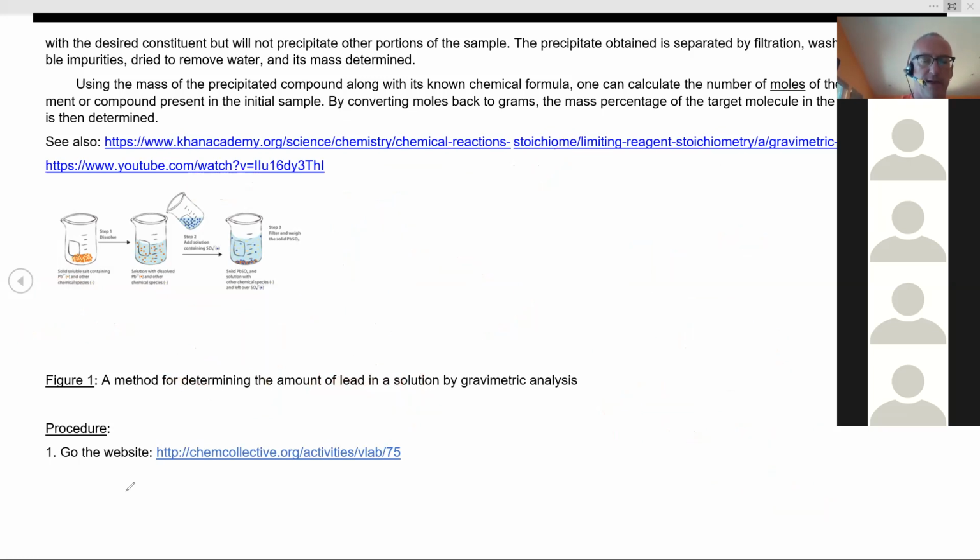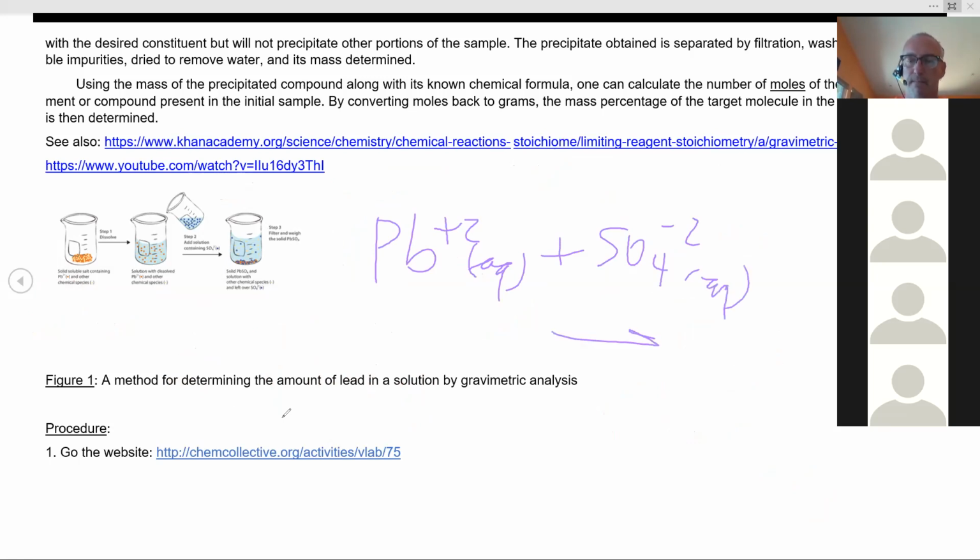We get lead 2+ aqueous plus sulfate 2- aqueous makes lead sulfate. And then this is not aqueous because it's no longer soluble in water. So we put a little brackets and S. What does the S mean?